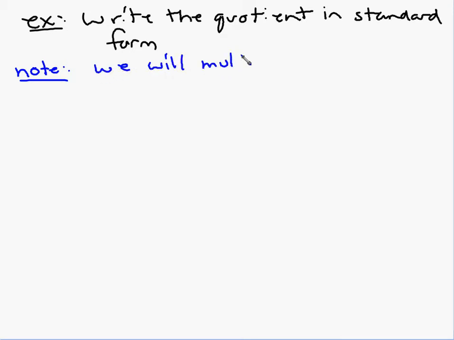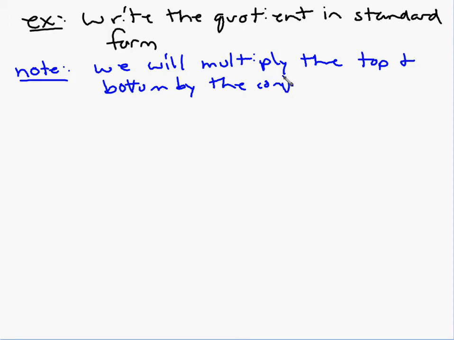We will multiply the top and bottom by the conjugate. Okay, and it's kind of like rationalizing the denominator. Okay, when we did that with our radical problems, it's the same idea. We want to get rid of the square root of negative 1, get rid of the i in the denominator. And I want to add another note that will show up here in a minute. Okay. And it's going to apply to one of our later problems.